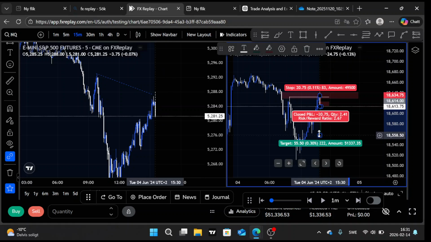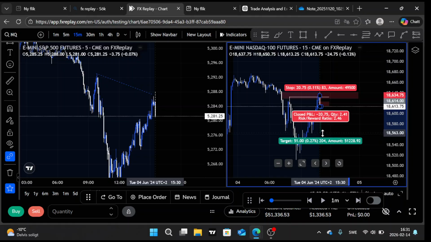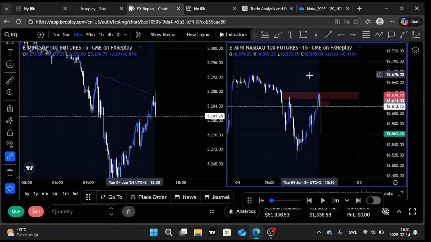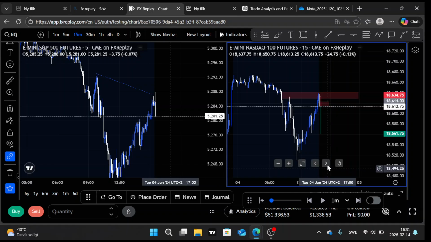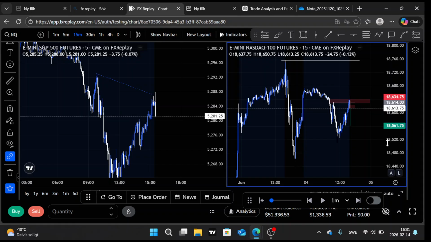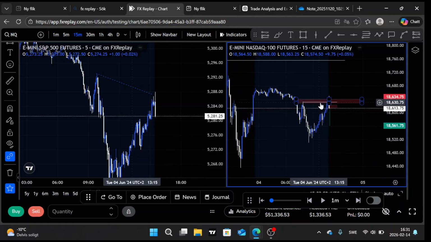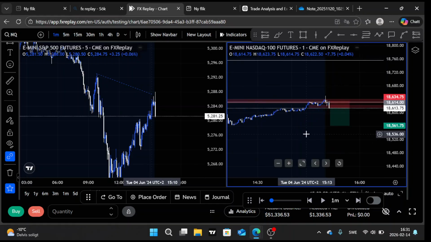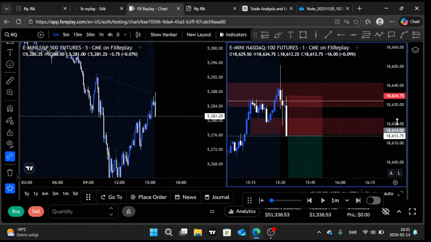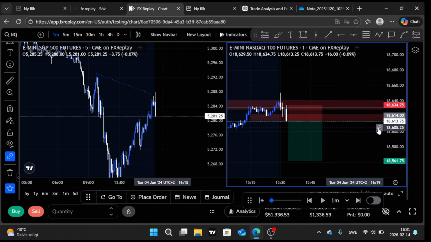I would expect the market to take maybe this low to then go higher, because I think the draw on liquidity is higher, but for us to go higher we need to go lower first. That's why this is the trade I take, because of the confluence.